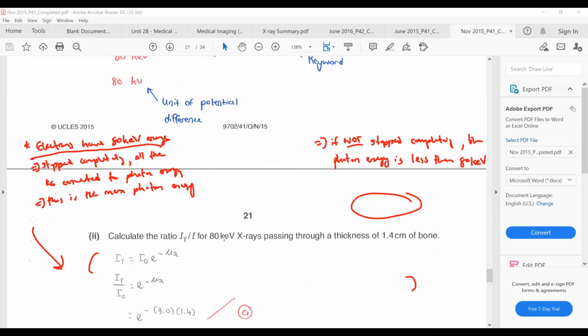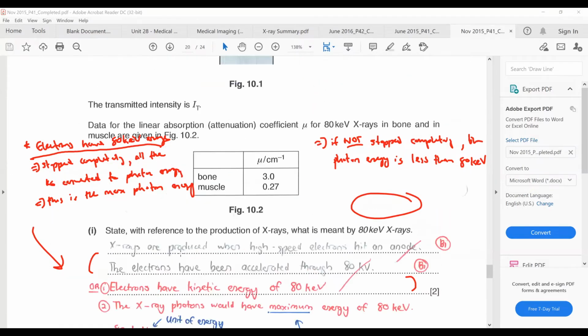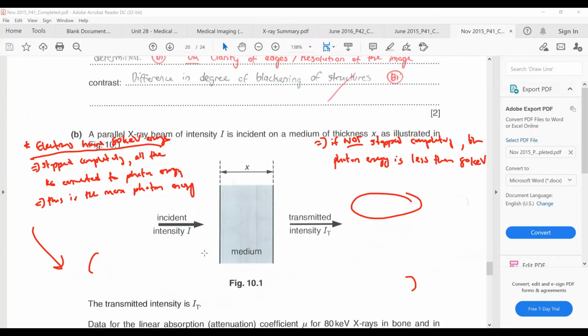Then after that, you look at part 2. Calculate the ratio of IT over I for 80 keV X-rays passing through thickness of 1.4 centimeter of bone. So what's the ratio of IT over I? Now for the question that you have here, you can modify, you know that the general equation I = I0 exp(-mu x) applies, right?